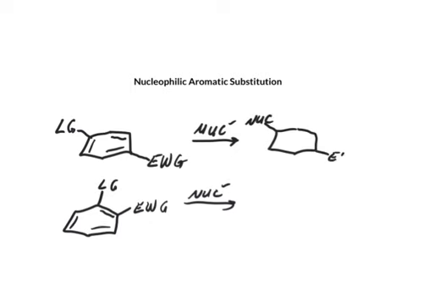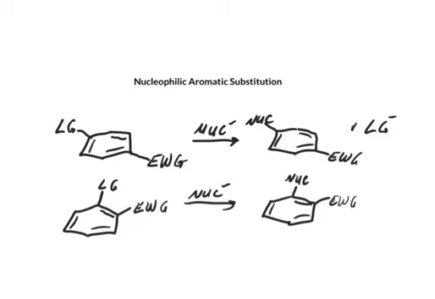So this is just a general overview of how this reaction is and what the byproducts are. The nucleophile would come in here and the electron withdrawing group would be here. All right, and the leaving group would obviously be the leaving group minus.